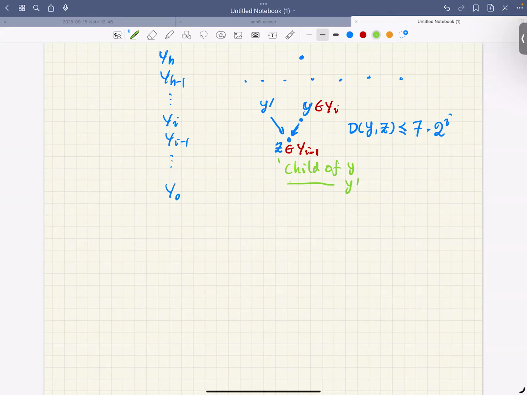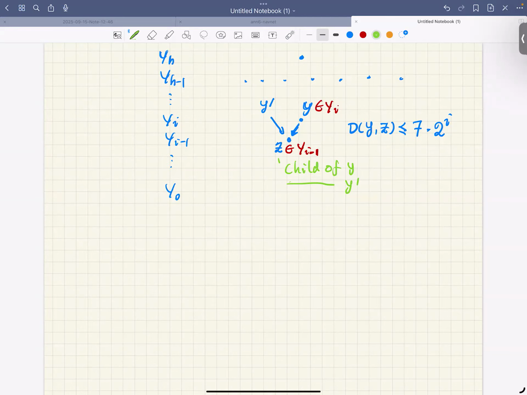It's not like as you descend, you always get better results. What I'm saying is you look at the h plus 1 points you have collected on the path. Along the way, you have already calculated their distances to the query point. Now return the best out of those h plus 1 points. And that's the algorithm. That's it.